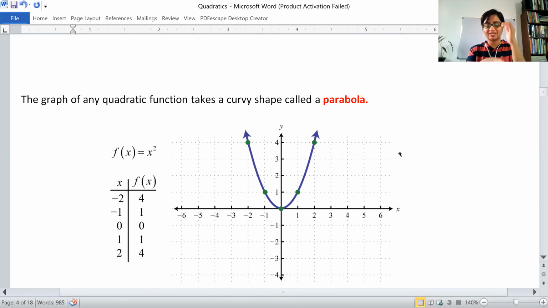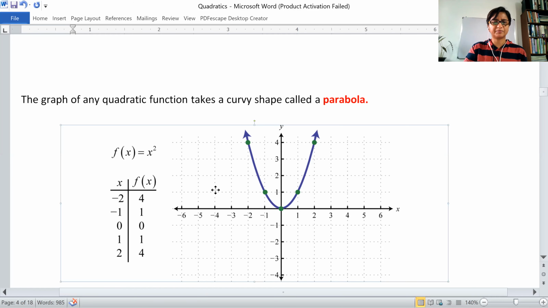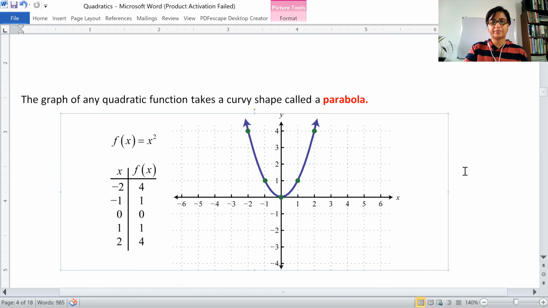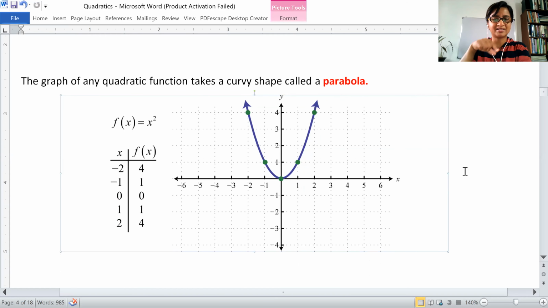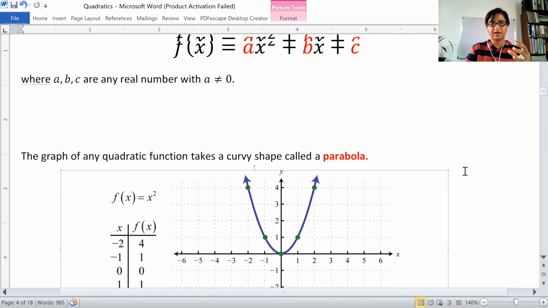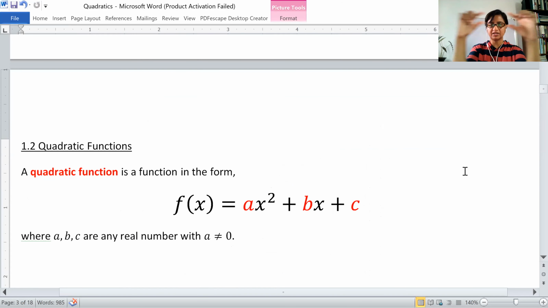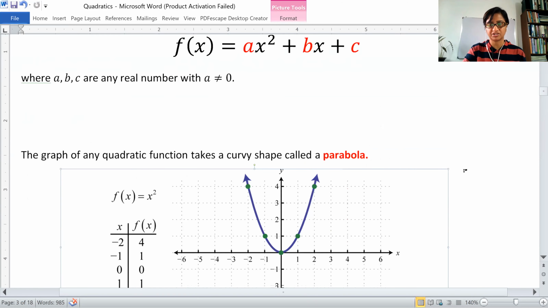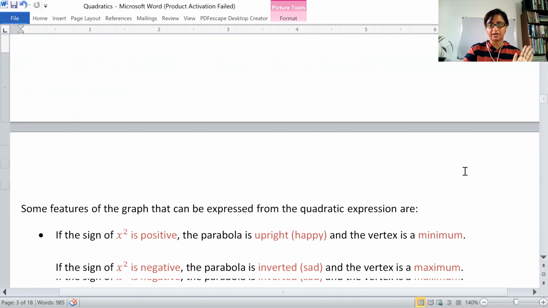Please spend some time to really understand the quadratic function. Written in this form, it's just like the function equation. But when you graph it, everything becomes visible about the function. Okay, so please keep that in mind.